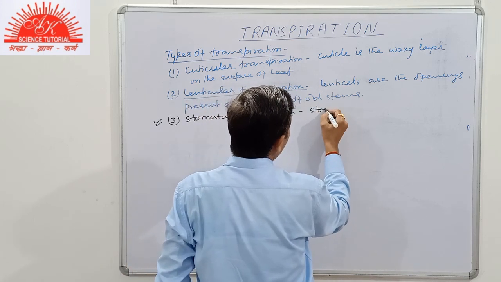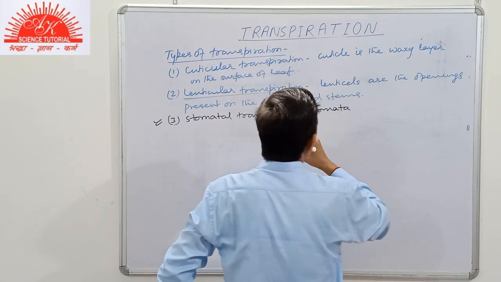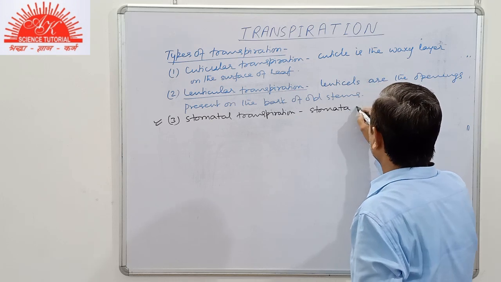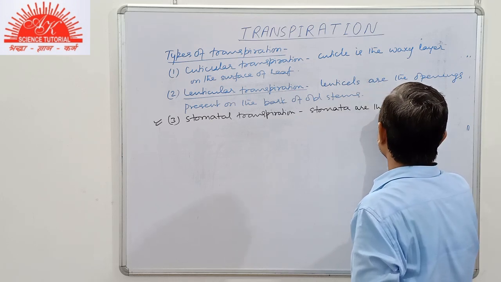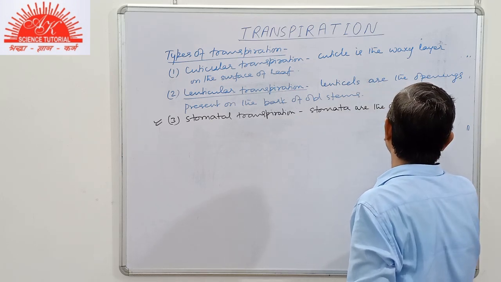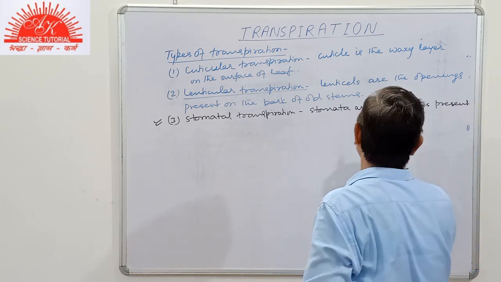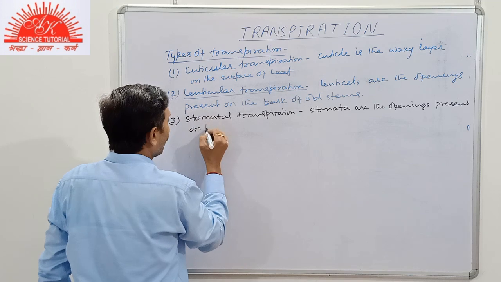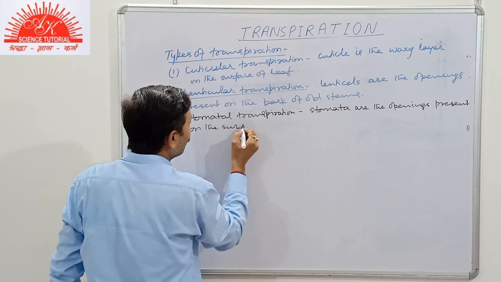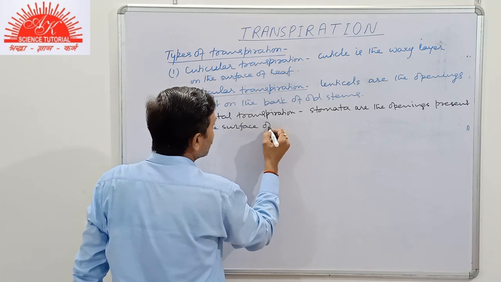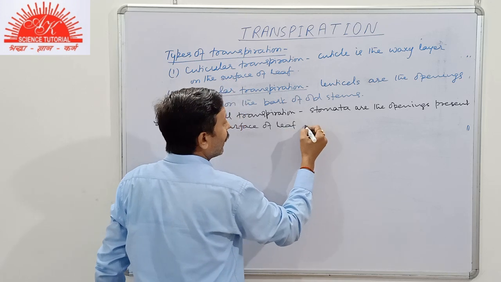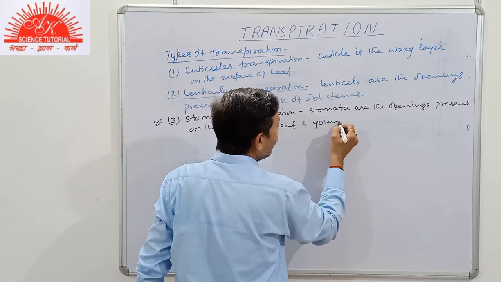Stomata, its singular is stoma. Stomata are the openings present on the surface of leaf and young green stems.